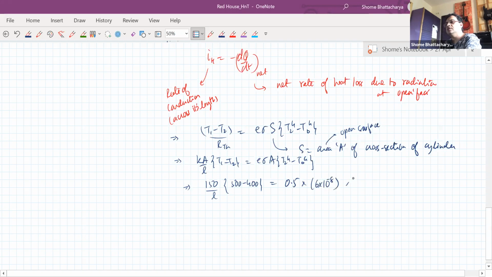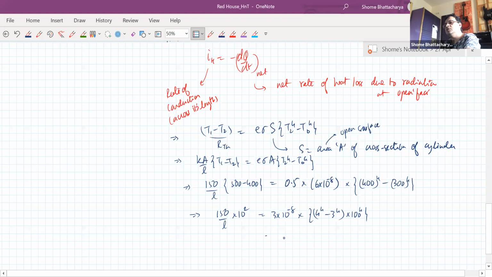That area has got cancelled out, and this is 400 to the power 4 minus 300 to the power 4. So this calculation just looks lengthy, it's nothing difficult. 150 by L into 10 raised power 2 on this side. Okay, that's 3 into 10 raised power minus 8 into, now we can write this as 4 to the power 4 minus 3 to the power 4 and take 100 to the power 4 common.